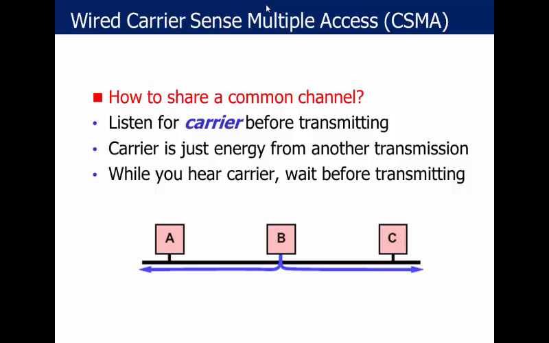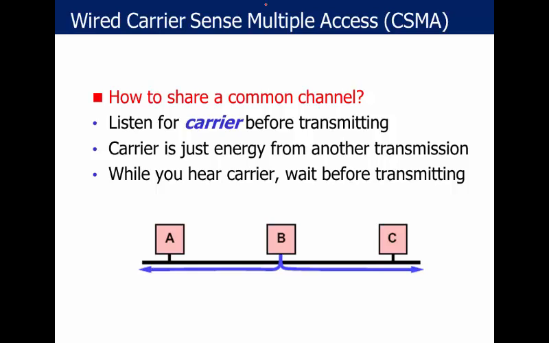Wireless has more problems, more security issues, as you can imagine. In this diagram, there are three stations, A, B, and C. First of all, you can think of Ethernet-based communication. So three computers are connected to the Ethernet.